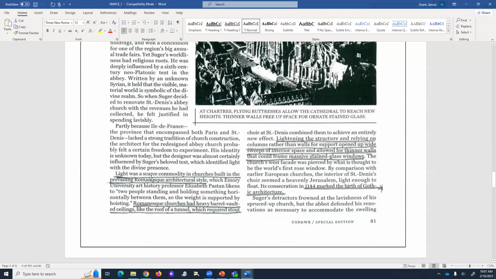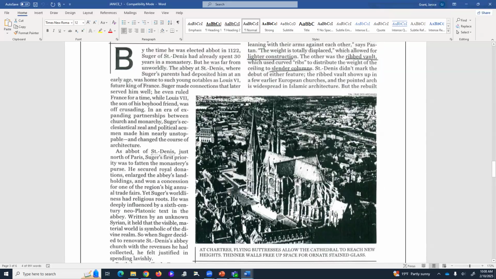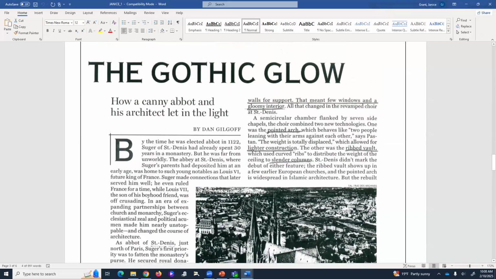Light was a scarce commodity in churches built in the Romanesque style. Romanesque churches had heavy barrel vaulted ceilings, like the roof of a tunnel, where the walls were thick and few windows.